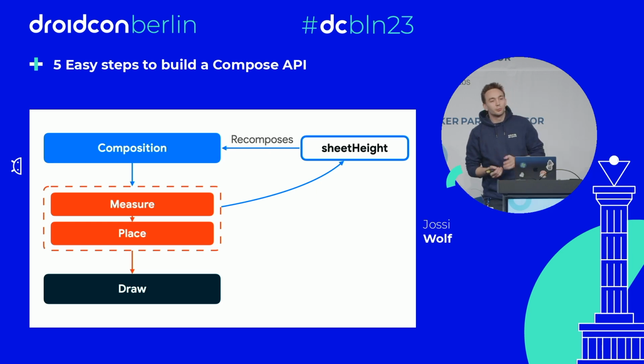So this is bad or not great for a number of reasons. But in general, rule of thumb, it's always good to try to do work in one frame or in one pass and do as little work as possible. And getting some data from layout and then recomposing is generally a thing to look out for.